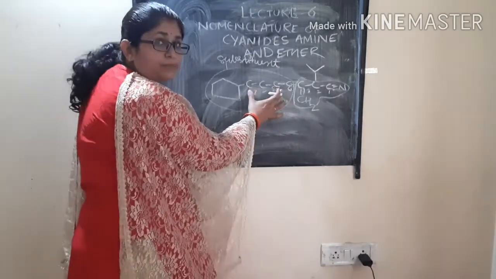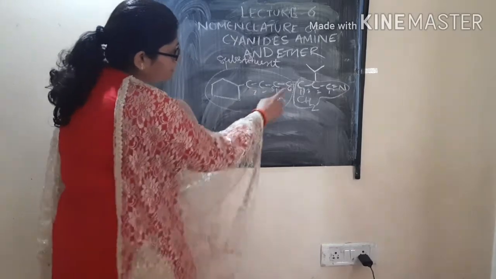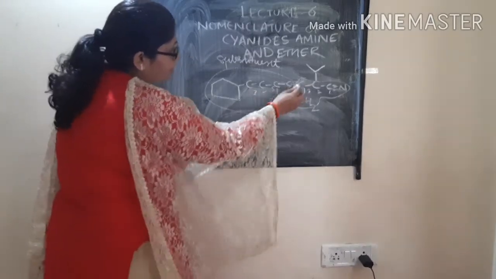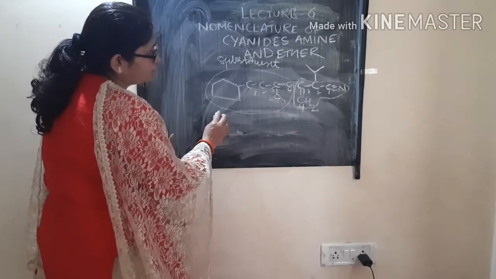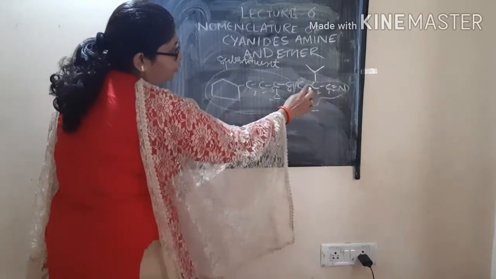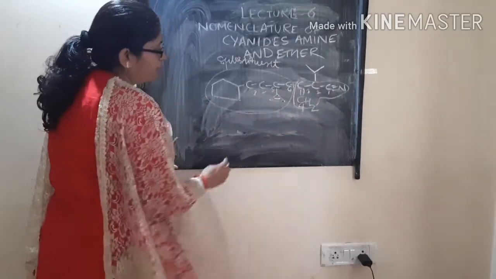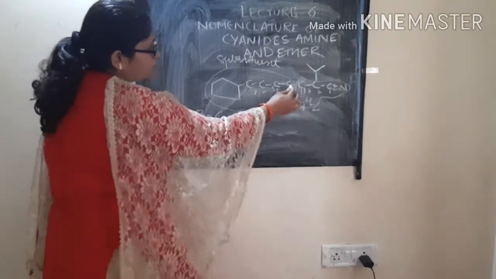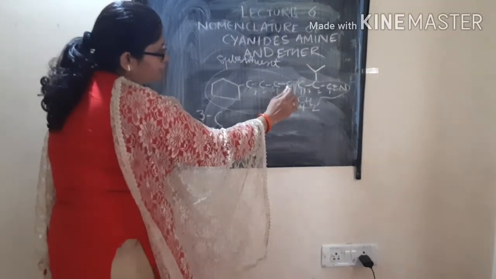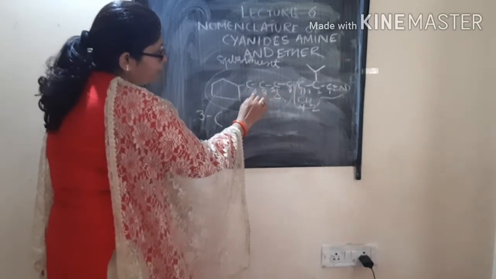Let us write it down. The numbering will be 1, 2, 3, 4. At the third position we have this substituent. This will be the first carbon, directly attached. 1, 2, 3, 4.